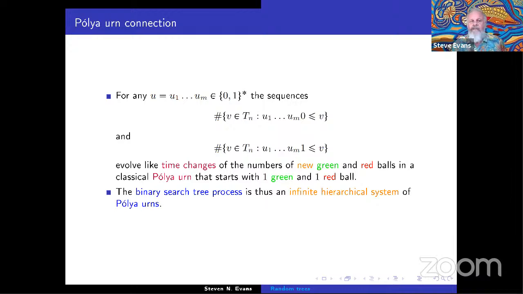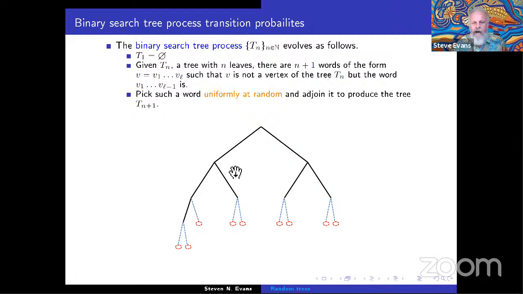Okay, so this binary search tree process is just like this grand infinite hierarchical system of Polya urns. It's just Polya urns all hooked up together, that we have a Polya urn here and a Polya urn here, and then that Polya urn is decomposed into 2 Polya urns. This Polya urn is decomposed into 2 Polya urns, and so on. Okay.